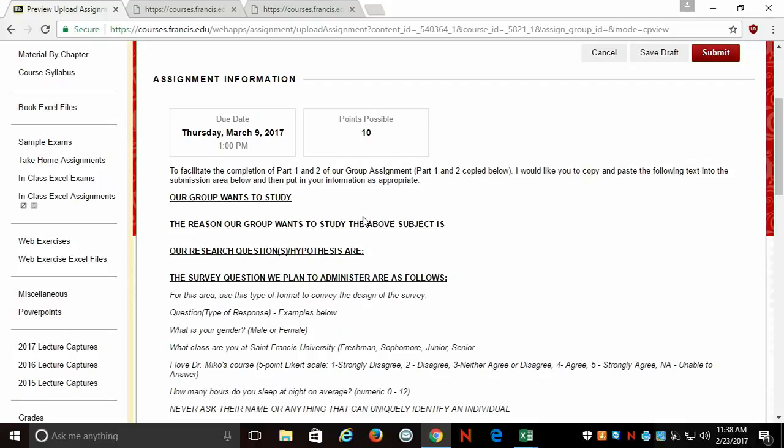How many times do you work out? Yeah, you could say we're going to study the exercise habits. If I were doing that, I'd say our group wants to study exercise habits, St. Francis University. The reason we want to know is we're curious about it. And you can do that. You can form a bunch of questions around that. Even if you're a student athlete or a non-student athlete, initially it works.